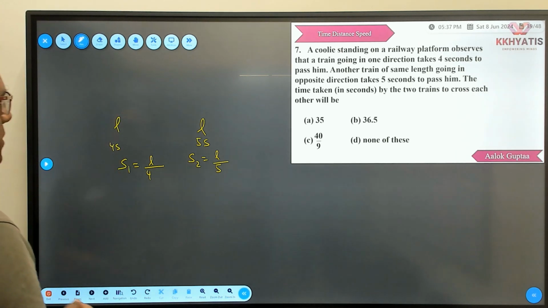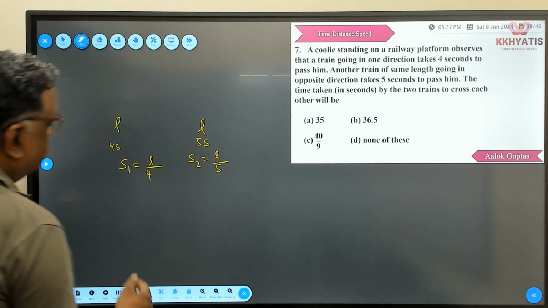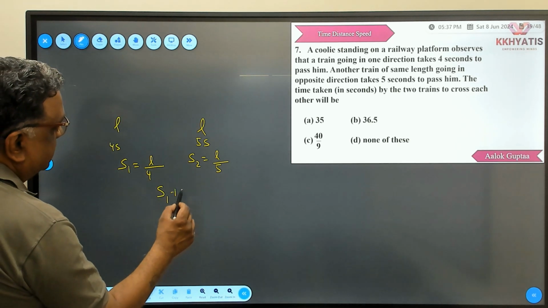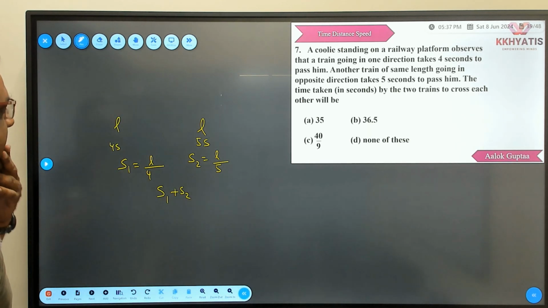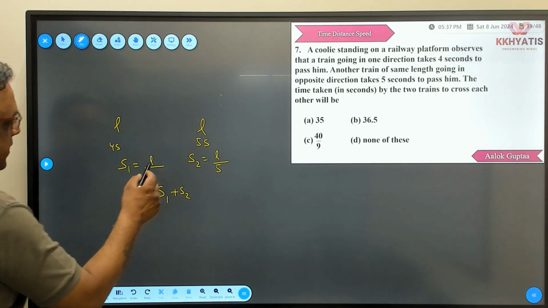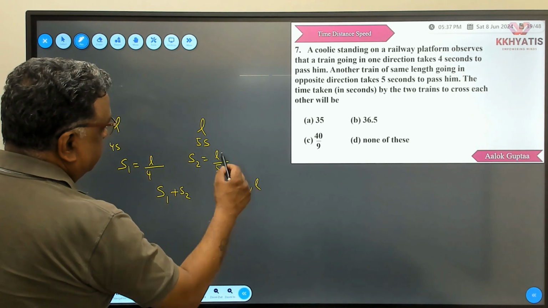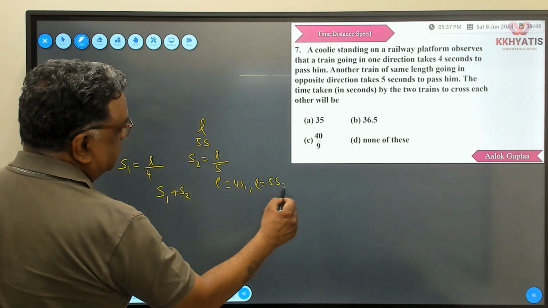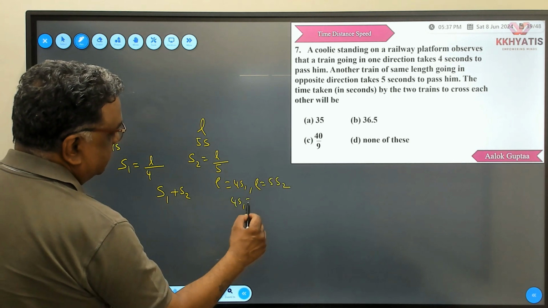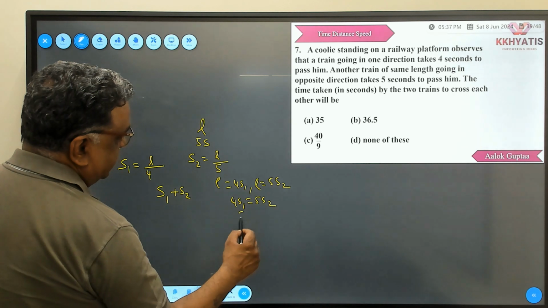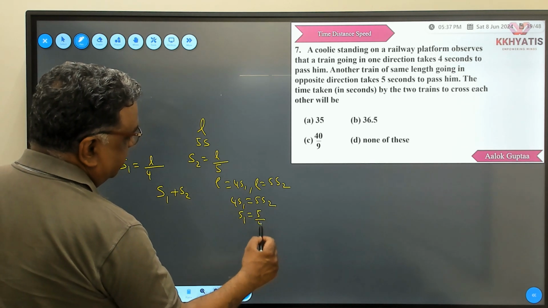Now, since they are going in the opposite direction, the effective speed is going to be S1 plus S2. Now, here I know that L is 4S1 and here L is 5S2. So I know 4S1 equals 5S2. So S1 is 5 upon 4 S2.